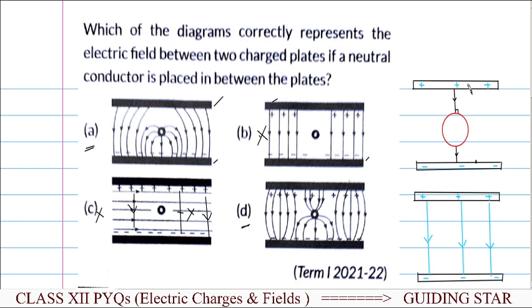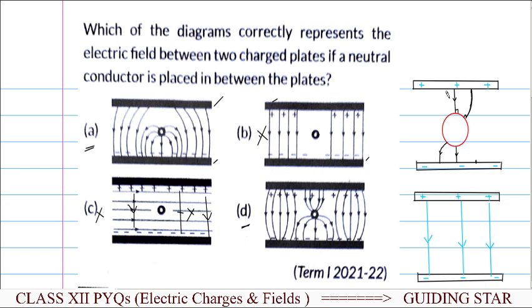So the field line will move like this, and here it should be perpendicular to the surface. And similarly it will exit from here, like this. Clear? This will be the scenario.